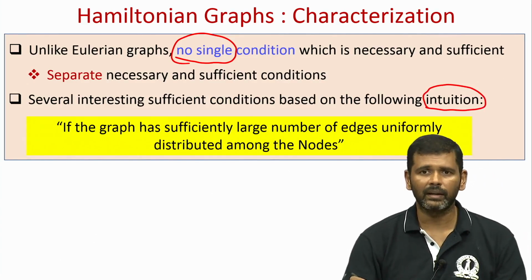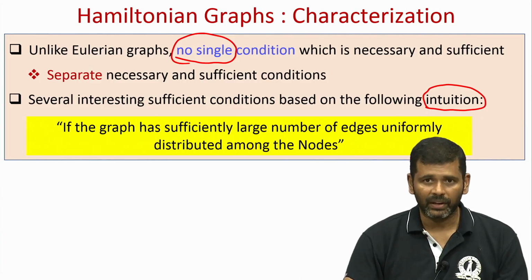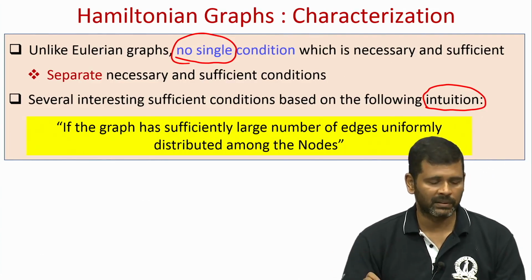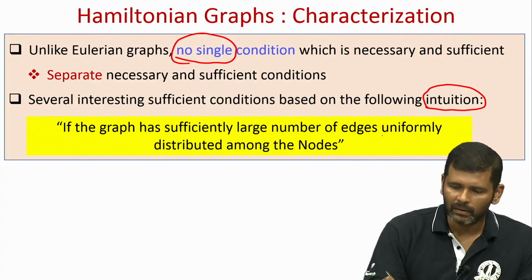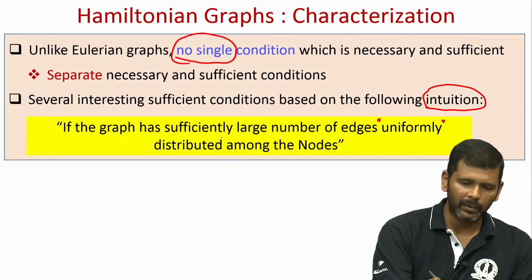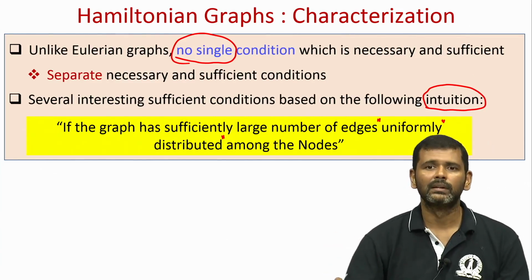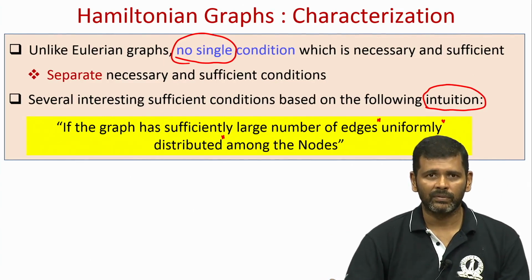If your graph has a sufficiently large number of edges and those edges are uniformly distributed among the nodes, it is a very vague term, uniformly distributed, but imagine the graph is very dense, then we can argue about the existence of the Hamiltonian circuit.